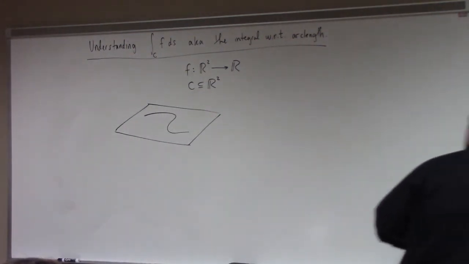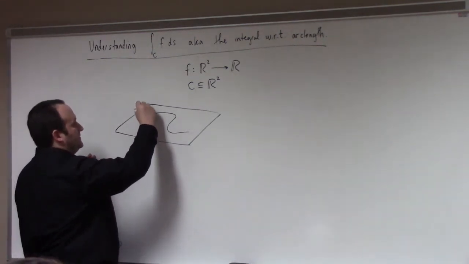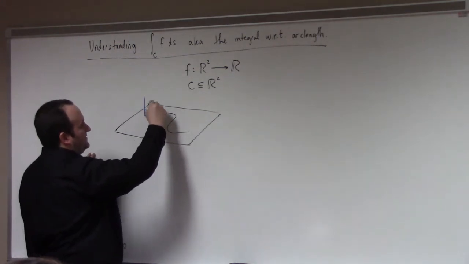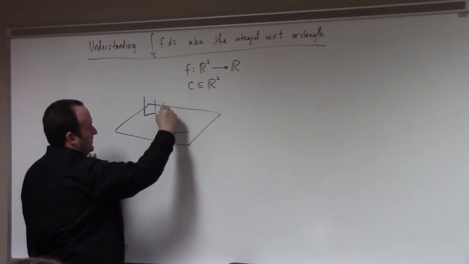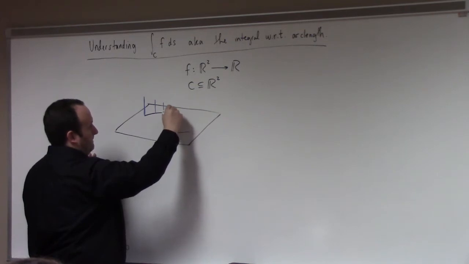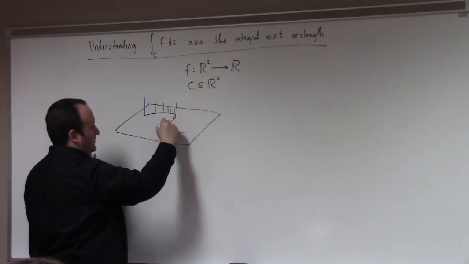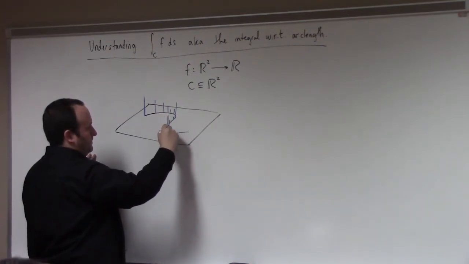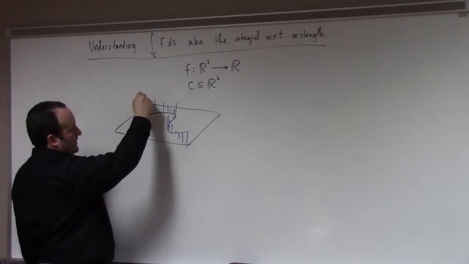The height of that tent would be governed by the value of f. So the value of the function is positive, then maybe it's decreasing, maybe it shrinks to 0 here, then maybe it goes up again, then shrinks back down to 0, then gets positive again, shrinks back down. Maybe it even goes negative down here. And then you could sort of connect that.